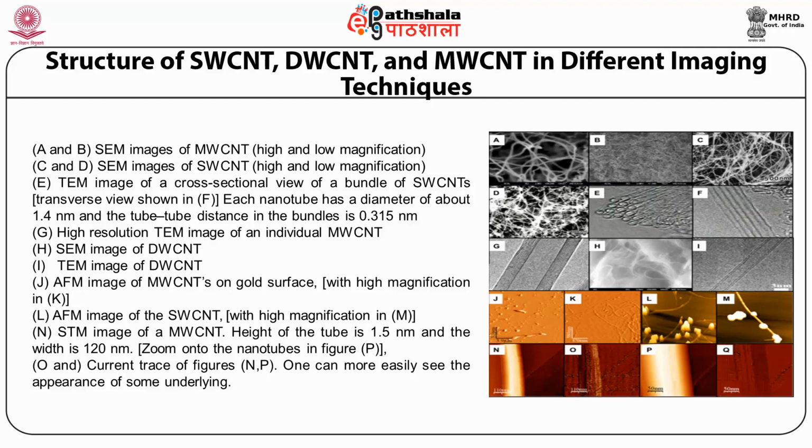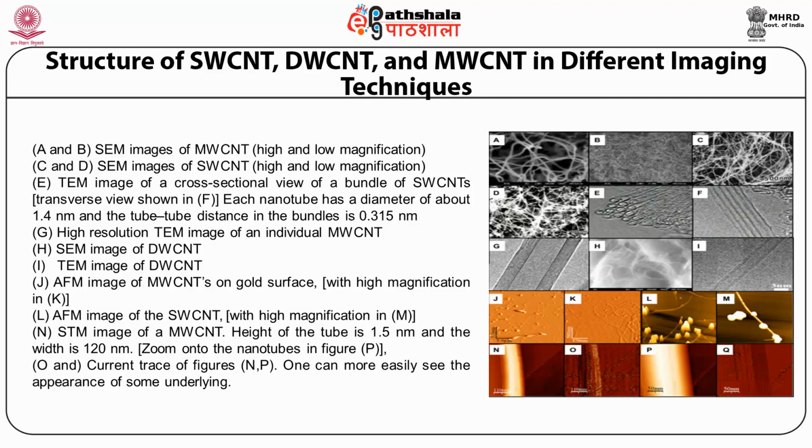Then there is another view where you can see very easily the tip of the nanotubes, where you can see that they are single-walled carbon nanotubes which are open-ended in nature. And then the diameter can also be visualized, which suggests that the size is 0.315 nanometer.